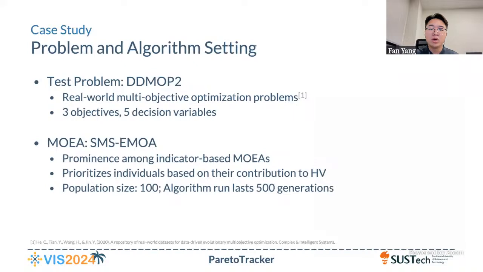Here, I will briefly introduce the performance of the SMS-EMOA algorithm on the real-world optimization problem, DDMP2. We set the population size to 100, and the algorithm runs for 500 generations. In this case, we identified 2 individuals that made great contributions to the overall population and explored their lifetimes.